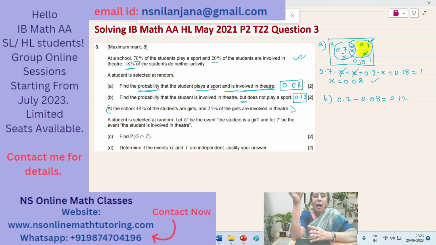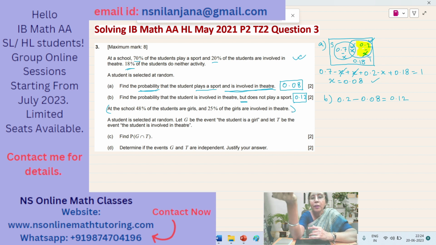Of course, this is a question for the IB Math HL students, but I will be solving this in a very basic way so that even if you are an IGCSE level student, you will be able to understand. An IGCSE level student will not know complicated formulas, but knows how to get the probability.